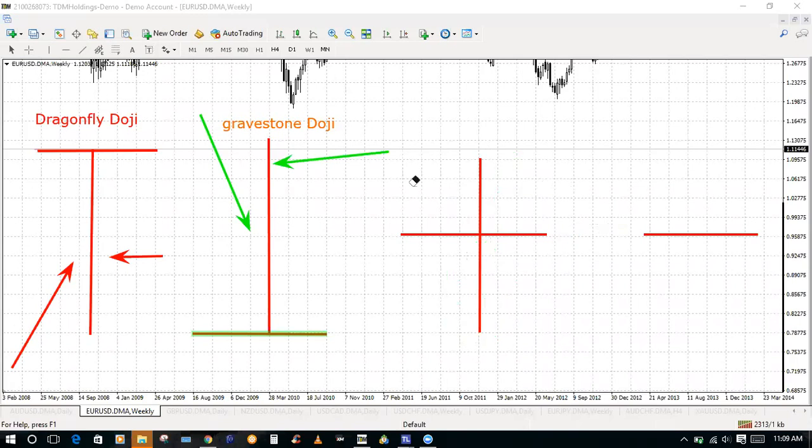The characteristics of a doji is basically any candle that has a small body or no body at all. The body would be so small that it looks like a line. You see how each and every candle here has a small body that looks like a short horizontal line. That's simply because the closing price and the opening price are the same.